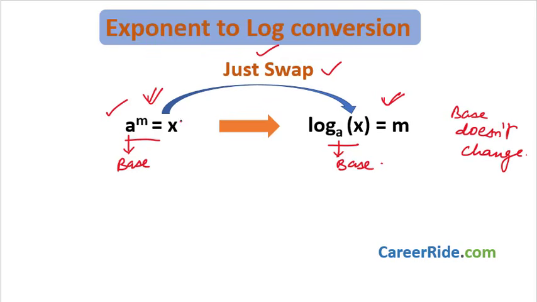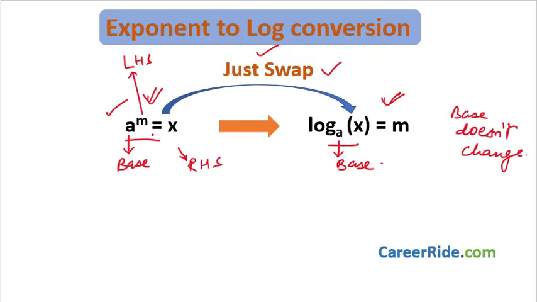Now what actually happens is, if you notice the exponent part, x lies to the right hand side of the equal to sign, while m, the power, lies to the left hand side of the equal to sign.